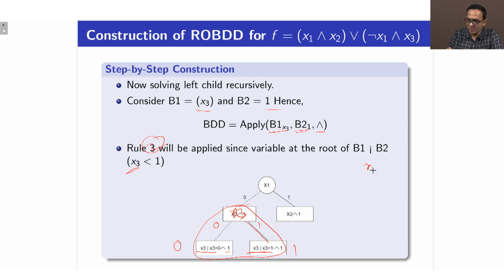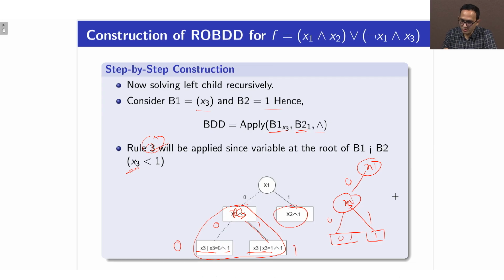So, effectively I got x1, x3 when it is 0, then this is basically a 0 node, this is a 1 node, right, 0 and 1 because this becomes 0 and 1. And the same thing will happen for x2 also because it is the same thing. So, I will now put x2 and this will connect to 0 and this is 1. So, this is the BDD I constructed earlier, I constructed here also.